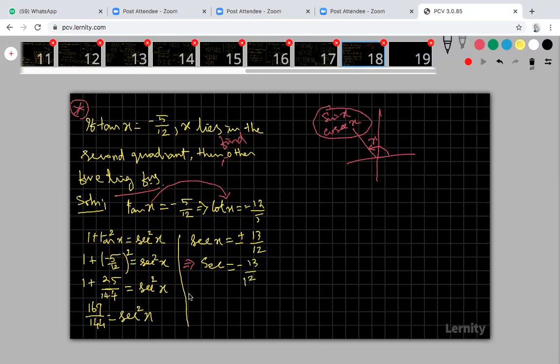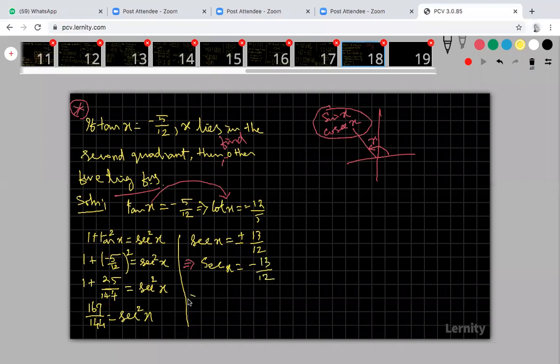Here it is, secant x equal to minus 13 by 12.